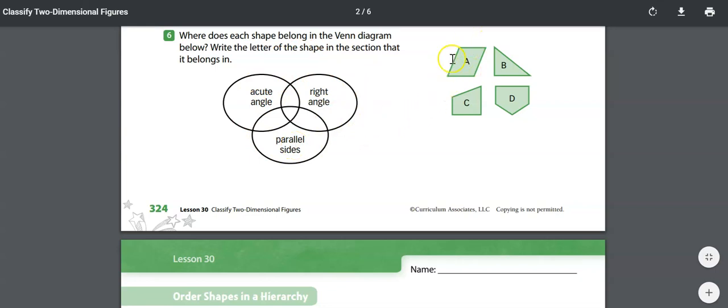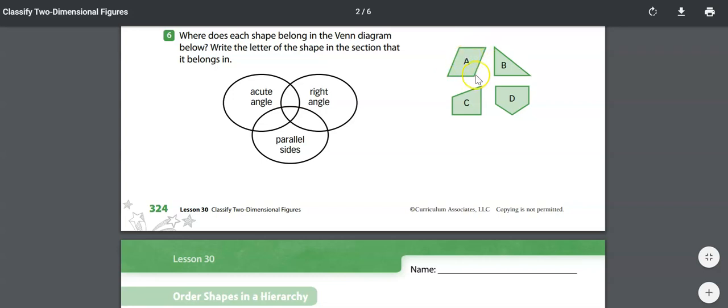So let's look at shape A. I see that I have 2 pairs of parallel sides, so I know that it's going to go around this area right here. And I also see that I have acute angles. I have one acute angle right here, and I have another acute angle.